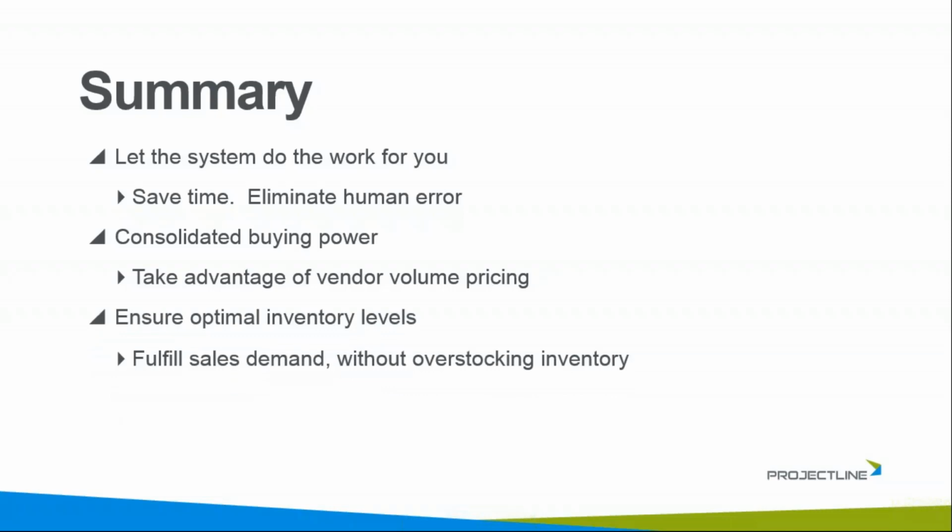Ultimately, you want to have optimal inventory levels. You always want to be able to fulfill sales demand. You want to make sure that you have enough stock without overstocking your inventory, right? And ultimately, that's just going to increase customer satisfaction and revenues.